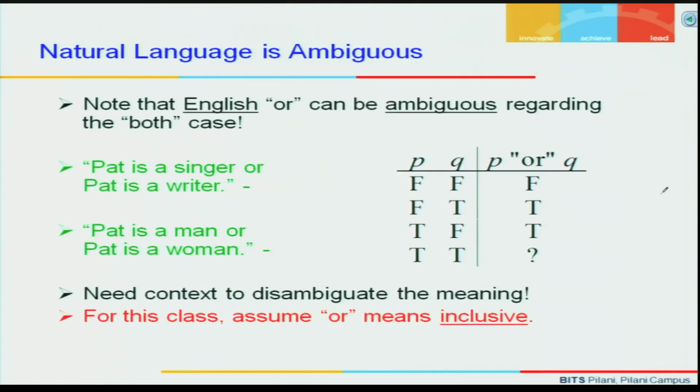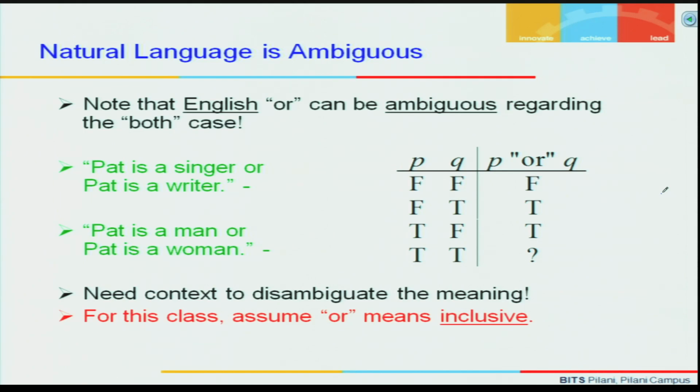And here, we will have some difference with natural language. Basically, to conclude something from an OR statement in natural language, we take the context or situation into consideration to see whether both being true is a case or not.